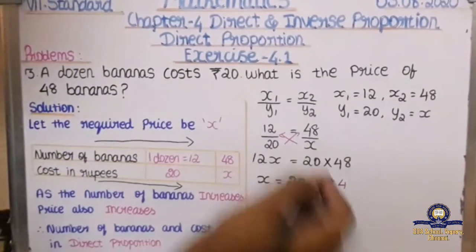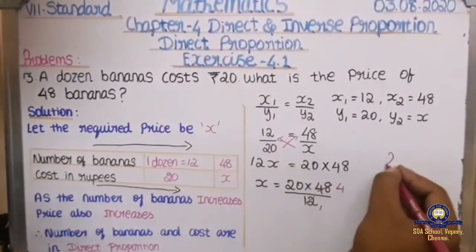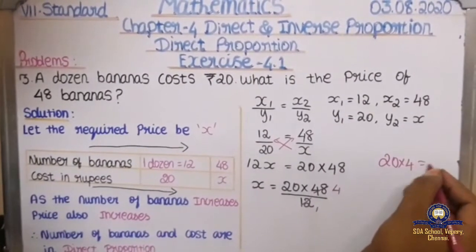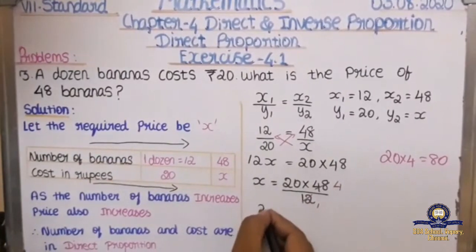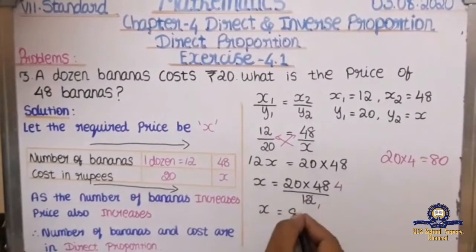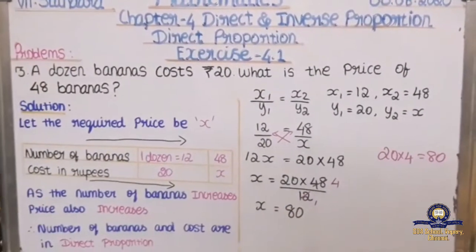Now we need to multiply these two values. 20 into 4 is equal to 80. Therefore, we get the answer that x is equal to 80.